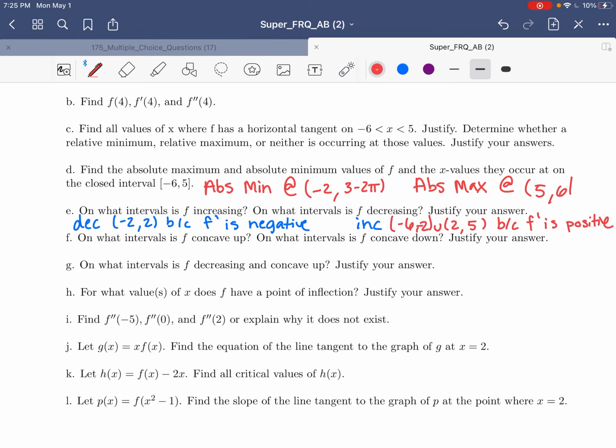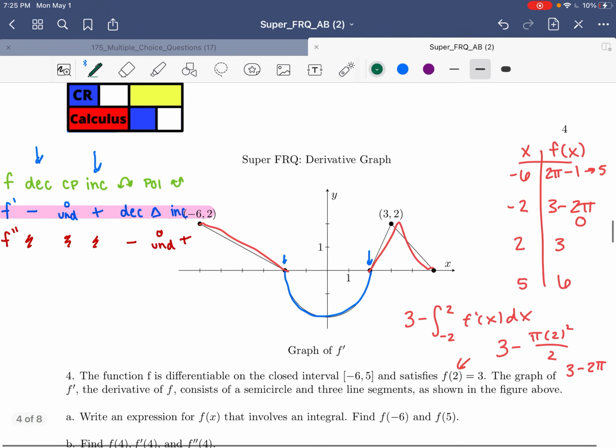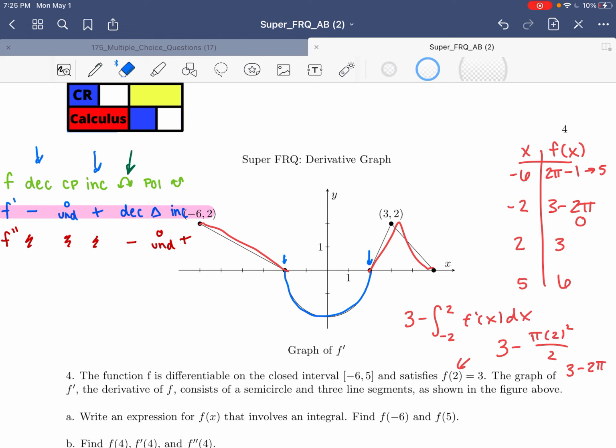Okay, then I need F concave up, F concave down. So if I'm looking for when it's concave up, go back to my chart. Concave up should be any time that F prime is increasing. So let's take a look here. It's going to be decreasing from negative 6, then it stops for a second, but it keeps decreasing all the way to 0.